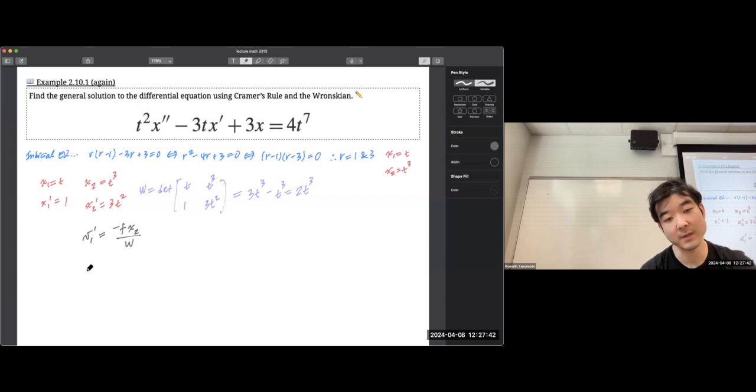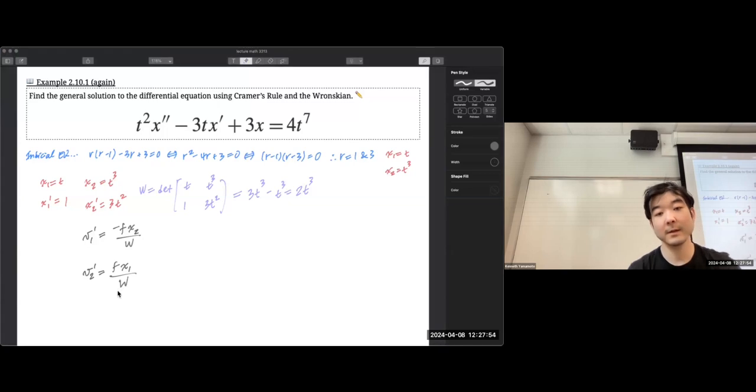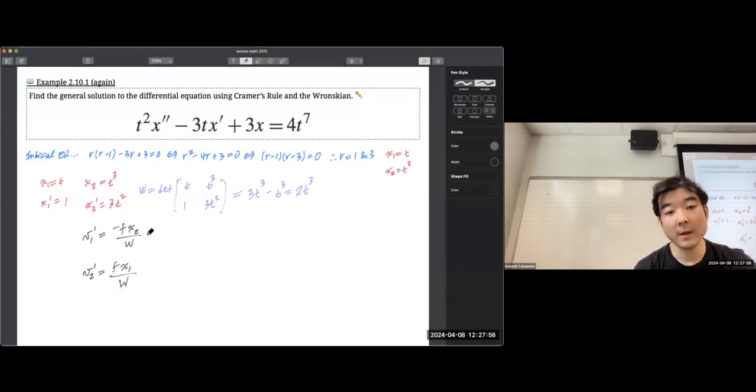If we scroll up, you'll see these were the formulas for them, and this one was f x1 over the Wronskian.